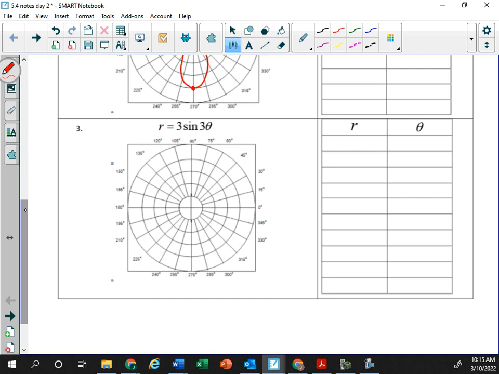Let's graph this whole thing. So you guys try this one. It's a sine equation, not a cosine equation. So what is this going to be symmetric to? The y-axis, yes.